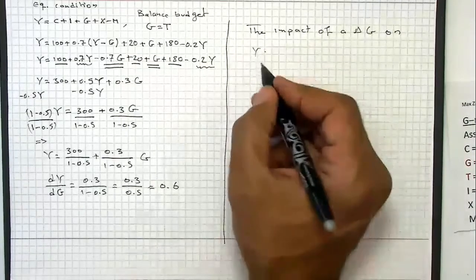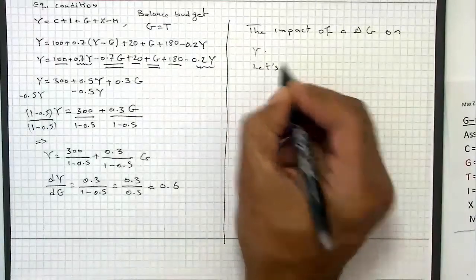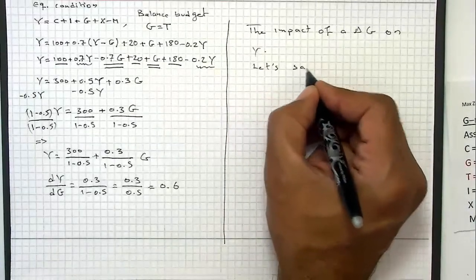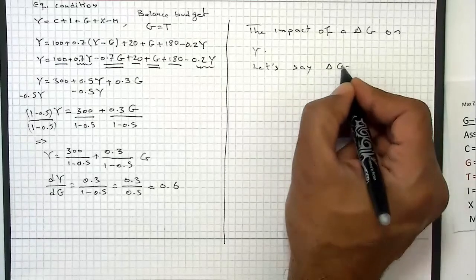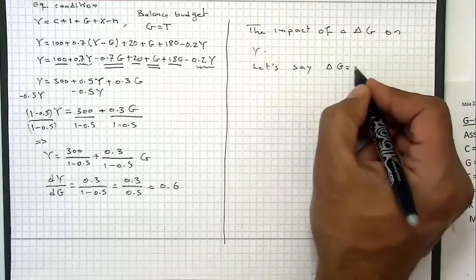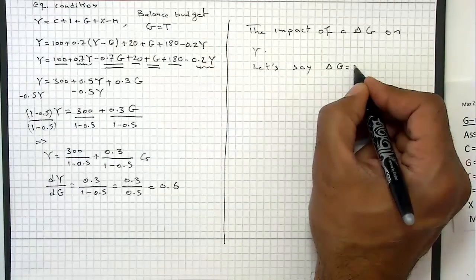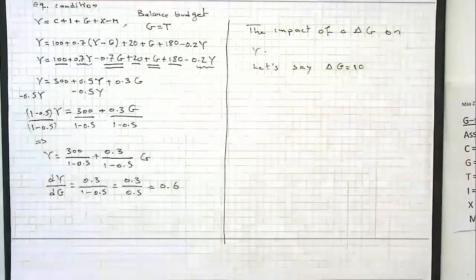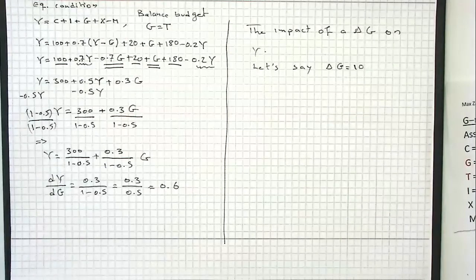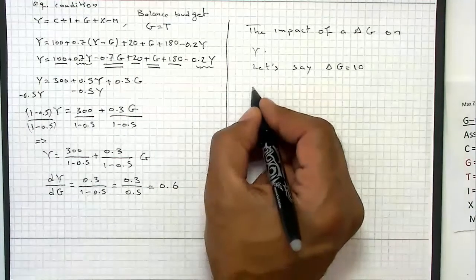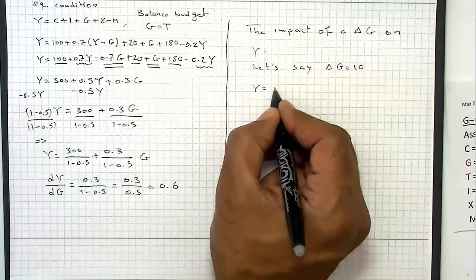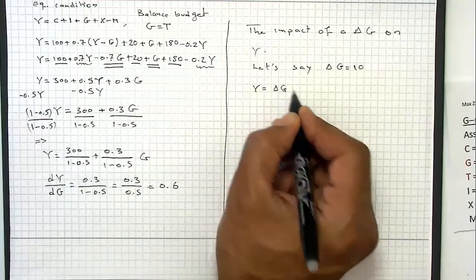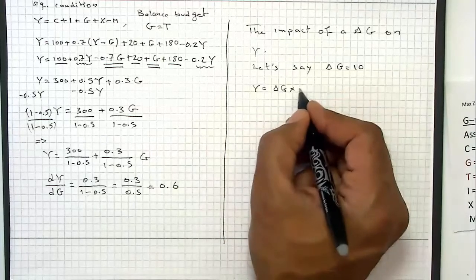So let's say you increase G by 10, then Y will increase by 10 times the multiplier.